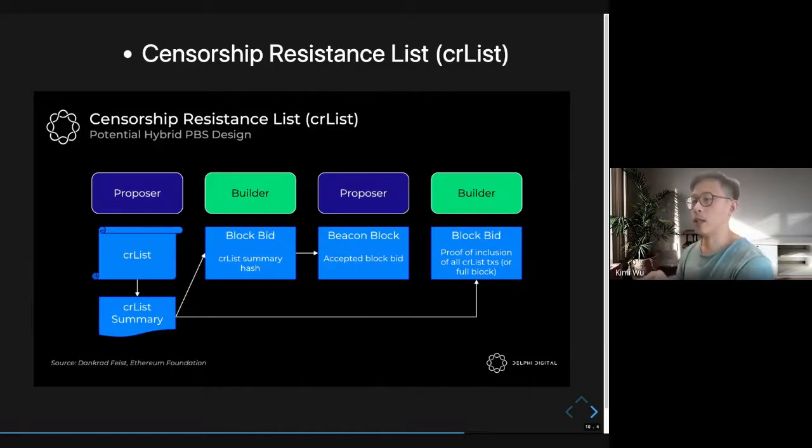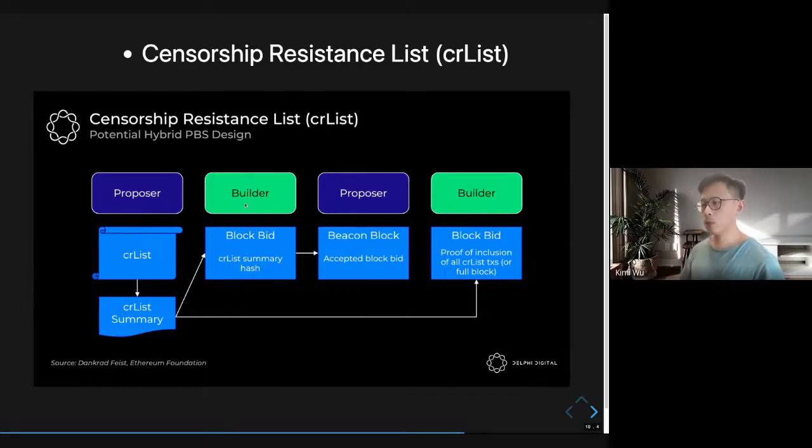They propose an idea called censorship resistant list, or CR list. If you are a proposer, you create a list, and the list contains a list of transactions.